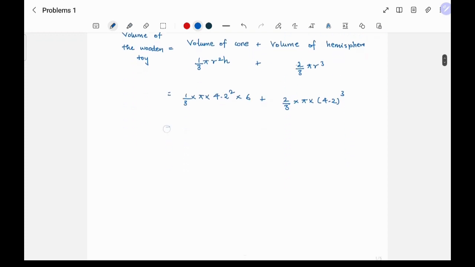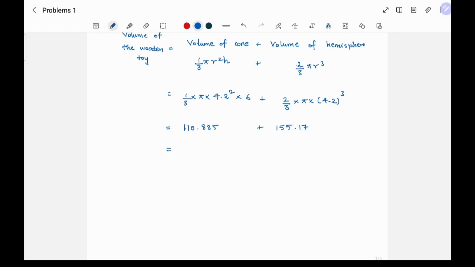We can just substitute. Simplifying, we can use a calculator here. 1 by 3 into pi into 4.2 whole square into 6 is 110.835, plus 2 by 3 into pi into 4.2 whole cube, which is 155.17.